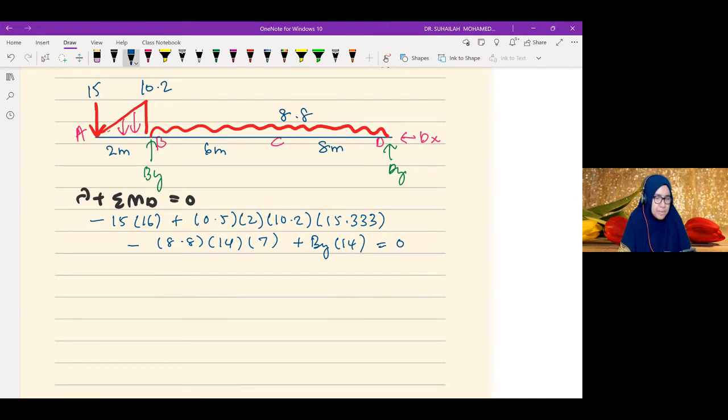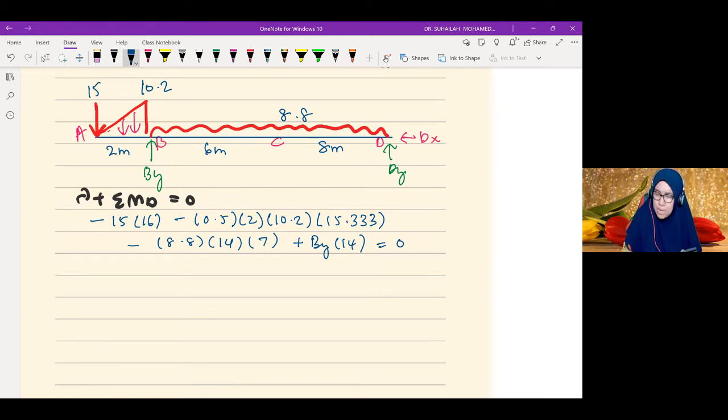It is negative 15 times 16, all minus, so minus 0.5 times 2 times 10.2 times 15.333, minus 8.8 times 14 times 7, divided by 14.